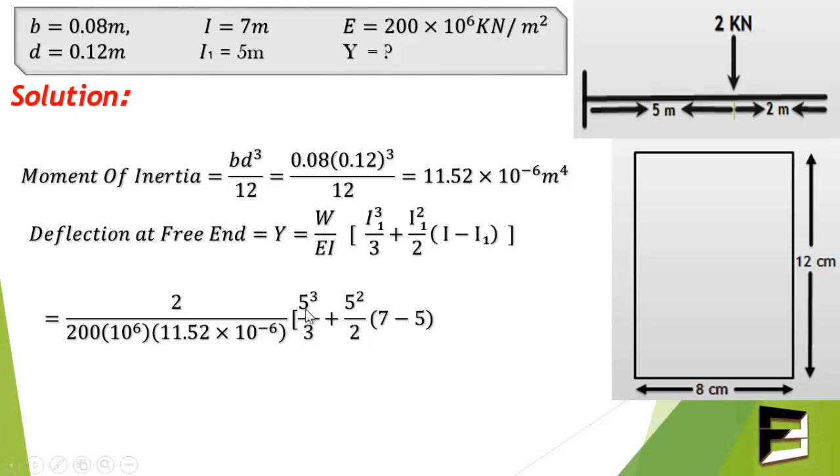Multiply L1 cube, L1 we have 5 meter, divided by 3 plus L1 square, 5 square, divided by 2 multiplied by 7 minus 5. When we do some math further, we will get the value of y, which is of course 0.0578.